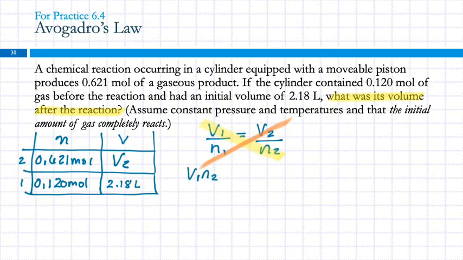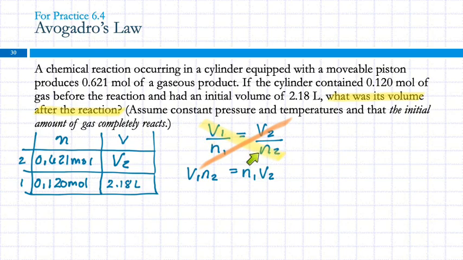V1 n2 equals n1 V2. I know some of you can just look at that and rearrange it. Good for you. I'm talking to the rest of the class, which is most of you.